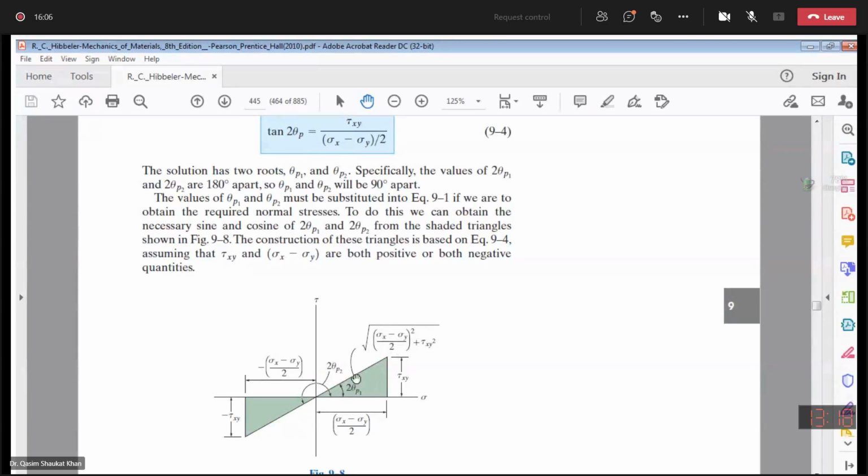The resultant of this angle will be the square root of sigma x minus sigma y over 2, squared, plus tau xy squared. Okay, so this is what we studied last time. If you have any question about this, please let me know, and then we can start with today's lecture. Any questions?